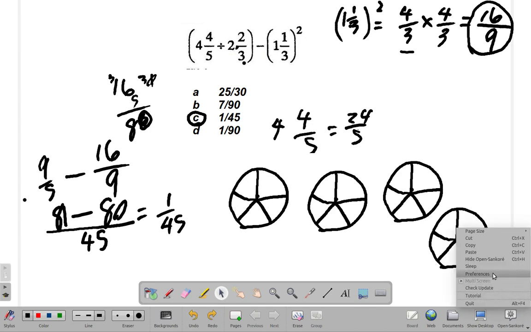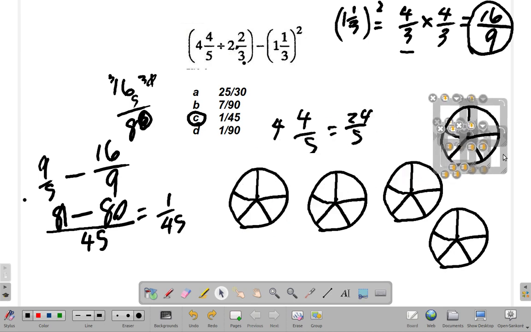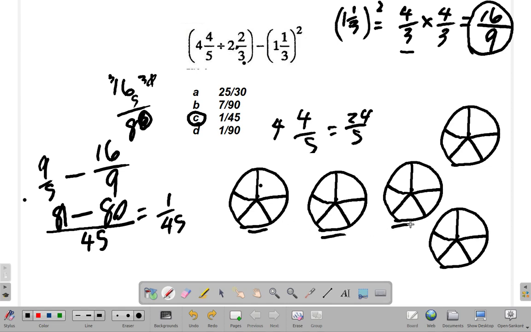Let me paste and move it here, because I want to clarify this part, or just do a little revision on it. 4 and 4/5 is the same as 24/5, and I got that by saying 5 by 4 is 20 and 4, 24. Now 4 wholes. This is 1 whole, 1 whole, 1 whole, 1 whole.